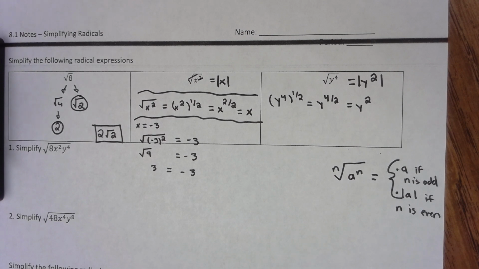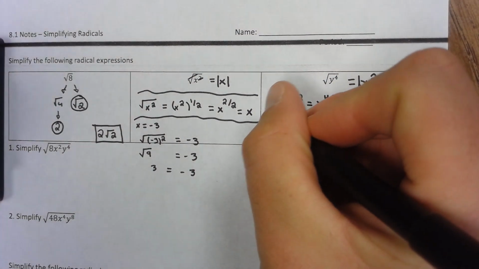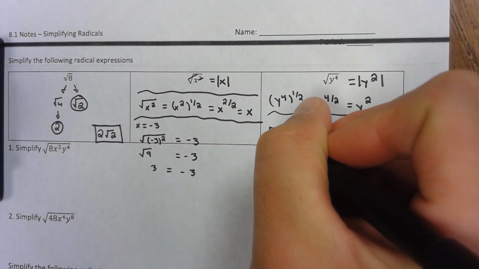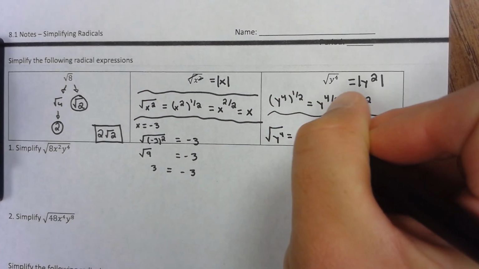I think for now, I'm just going to add the absolute value brackets in. That way we have that on our radar. And for those of you that are seeing, hey, y squared, that's already positive, I actually do not need the absolute value brackets, that's even better. So to conclude here, the square root of y to the fourth is really just equal to y squared.